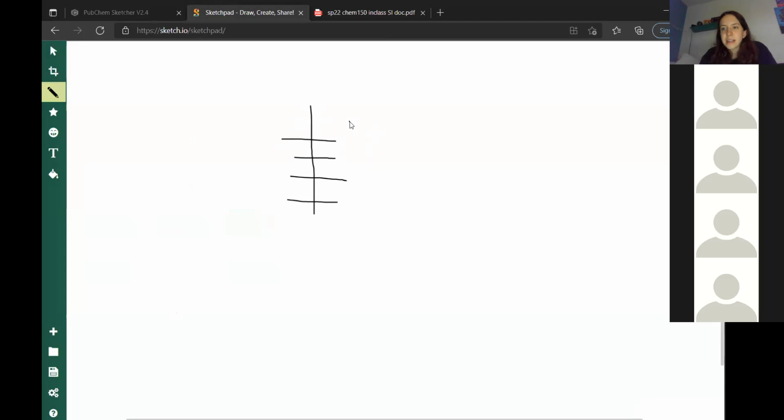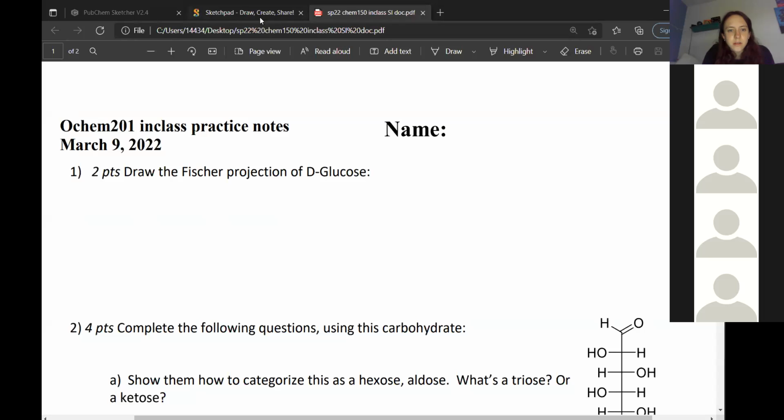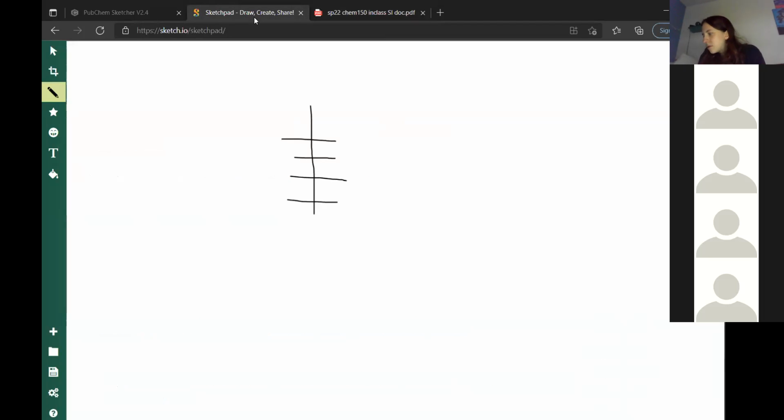When we're talking about the cyclic structure, then it's going to be a ring when it comes to carbohydrates. So glucose, there's really no way to help memorize, just kind of get these down because you will have to memorize these for tests.